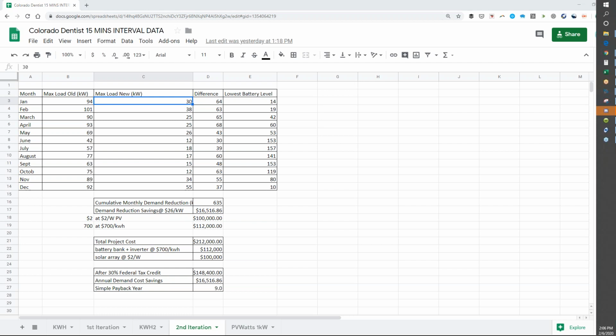I think lastly, there's a question: what about disposal of these batteries and solar arrays at the end of their life? The simple answer is there's not much out there. There's a couple of companies looking at it. There's more bad news than good news.